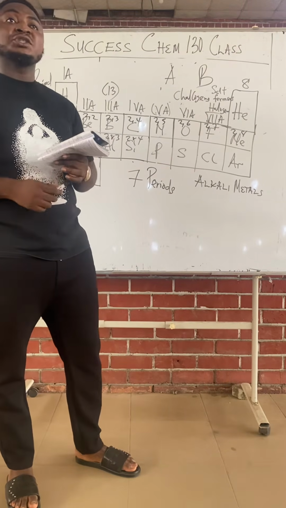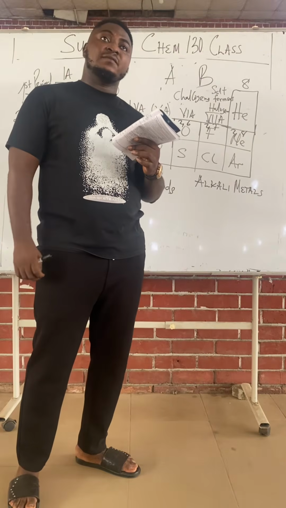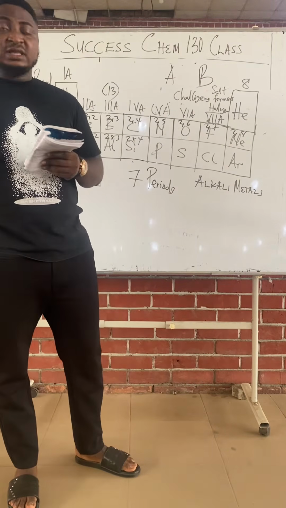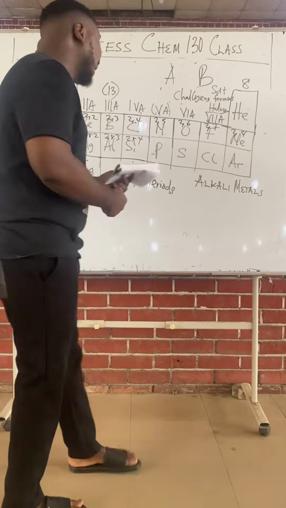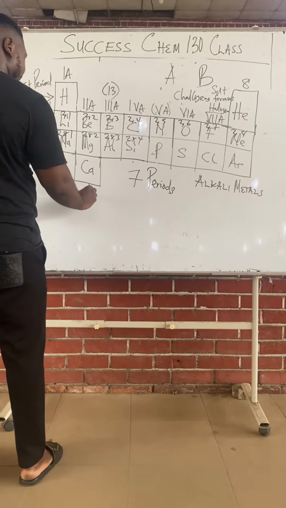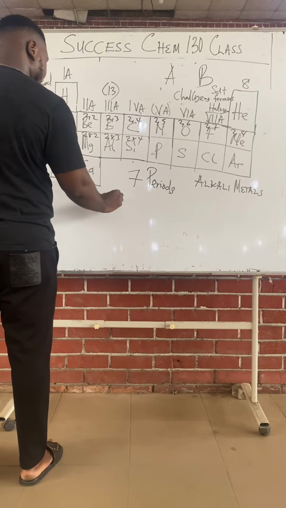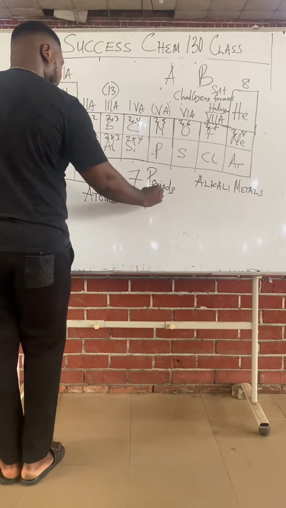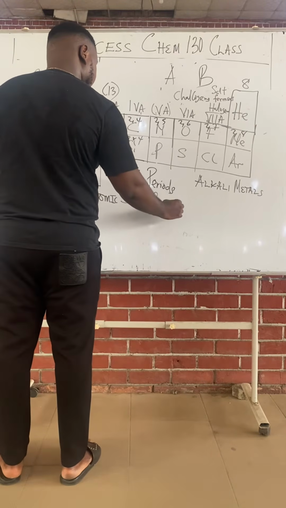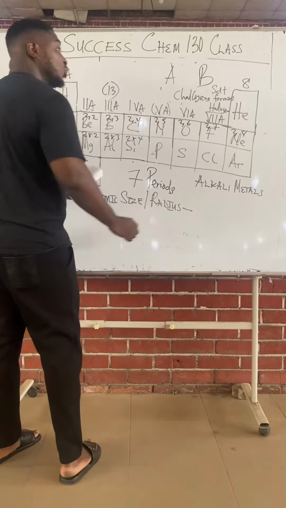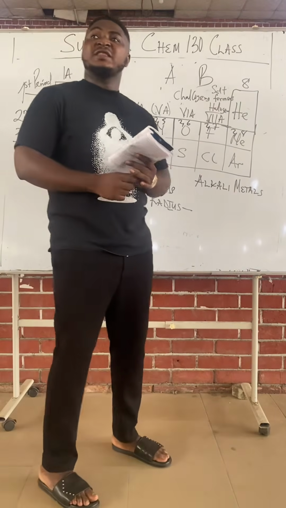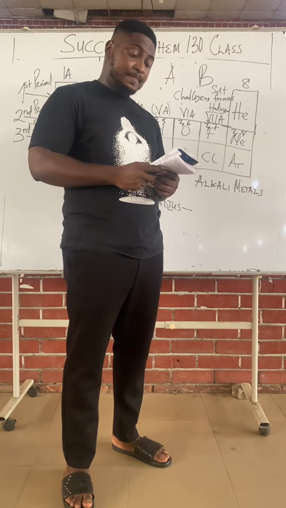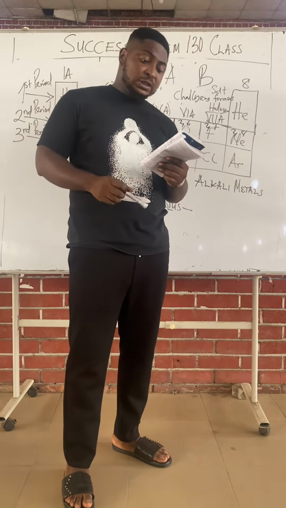Atomic size or radius is 1/2 of the distance that exists between two atomic nuclei.